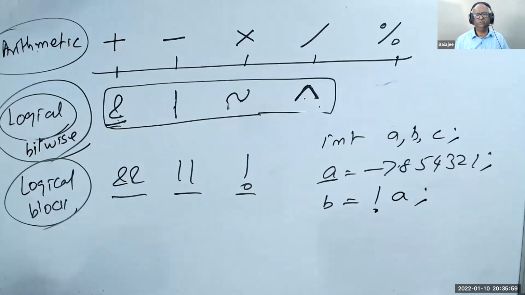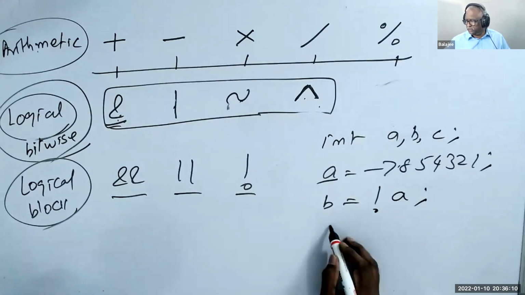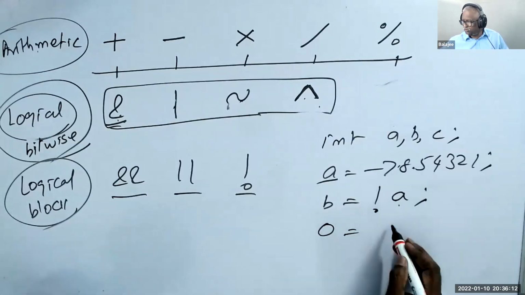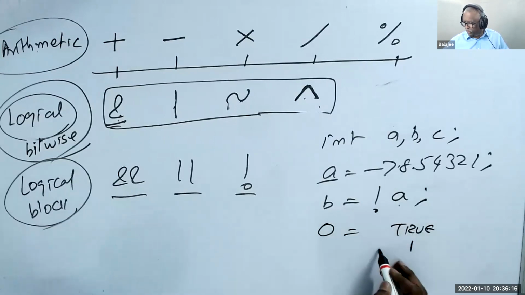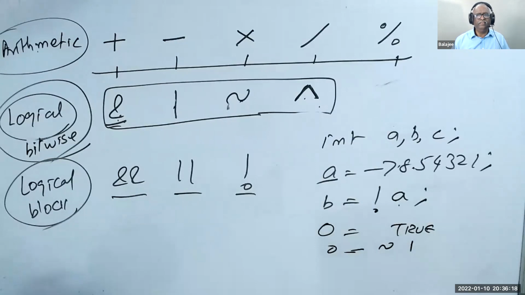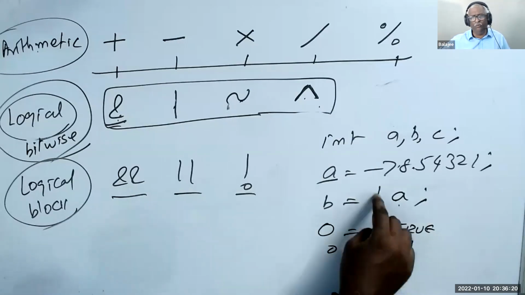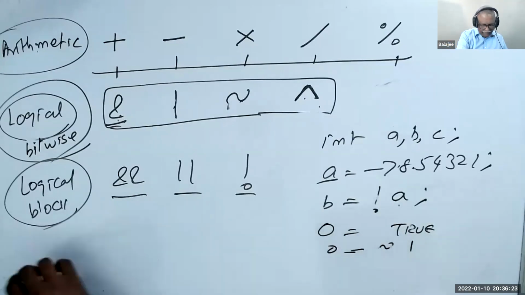Please. Quick. Perfect. Somebody has solved it so quickly. It is 0 because A is true. True means 1. NOT of 1 is 0. See, ultimately it's bitwise only, but it's getting converted to 1 and then bitwise is done.